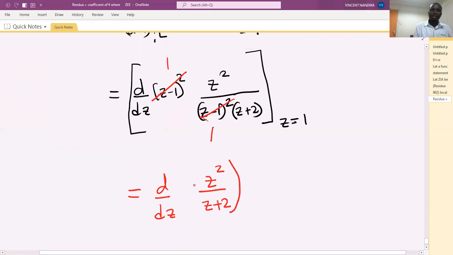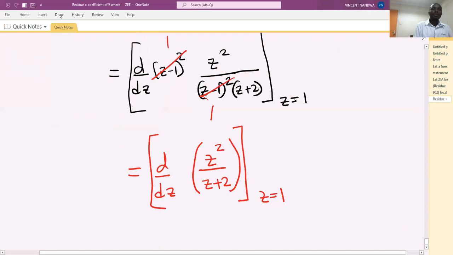And don't forget that we are interested in the value of this derivative at z equals 1. So here we'll use the quotient rule to carry out this differentiation. Let this one be u, this one be v. So now it's u prime v minus v prime u, divided by v squared.